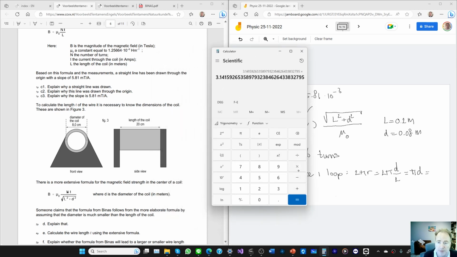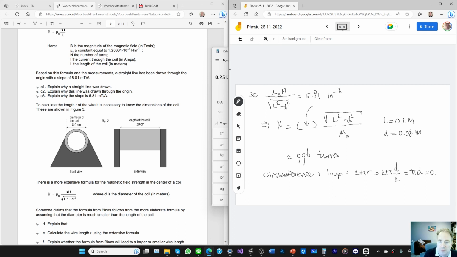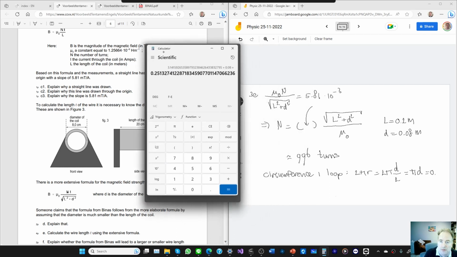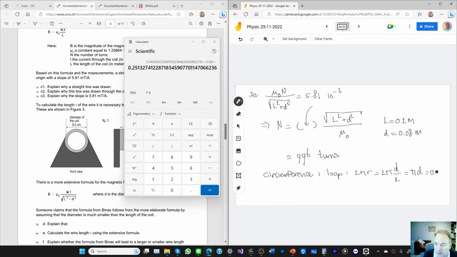Pi times the diameter 0.08. So that's 0.2513 meter.